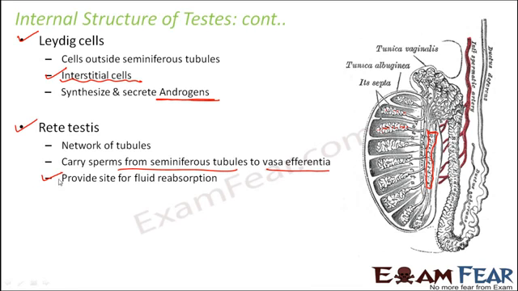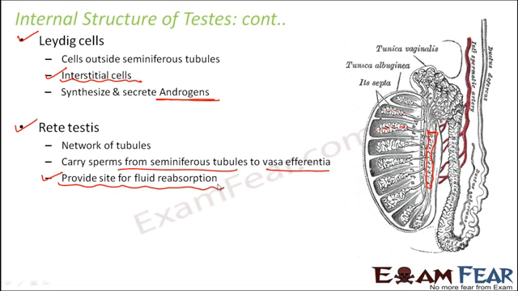And what happens in rete testes? It is a site for fluid absorption. So more and more fluid gets reabsorbed. What will be the result of that? The sperm will get more concentrated. Now, had the rete testis not been there, what would have happened? In that case, the sperms would not have been that concentrated.